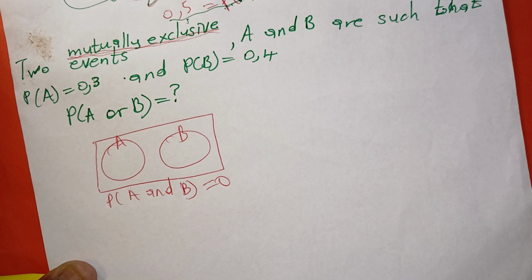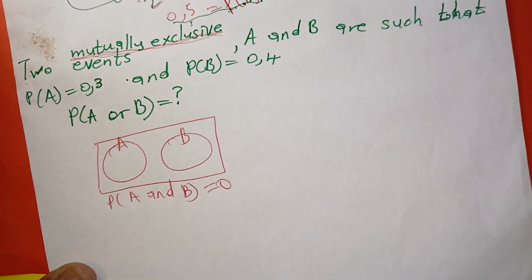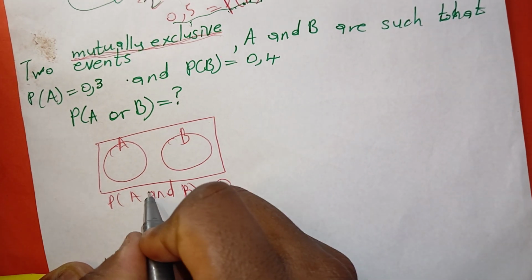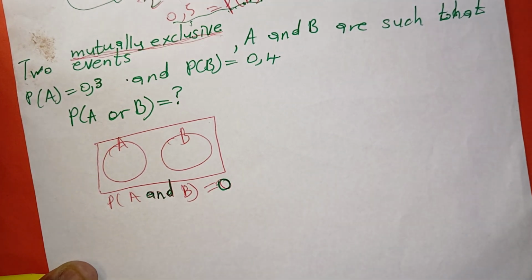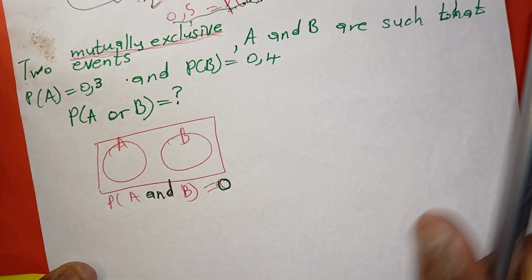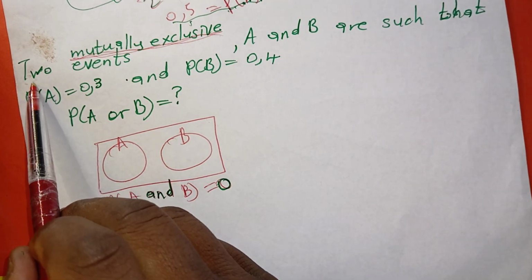As you can see, they don't intersect, meaning that the probability in the intersection will be 0. Do you see? Yeah.